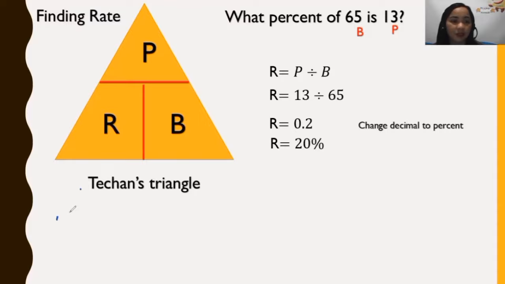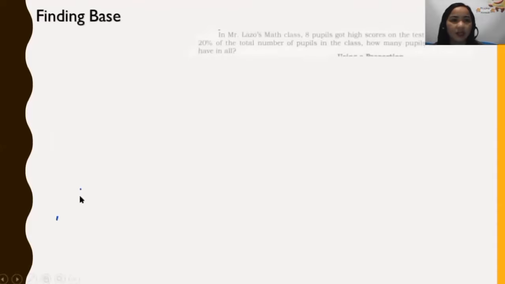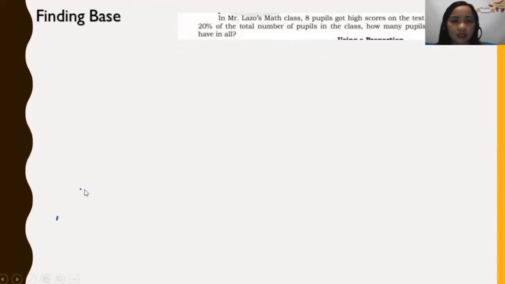Now let's proceed to the next slide. Now we have here finding base. In our problem here, in Mr. Lazo's math class, 8 pupils got high scores on the test.